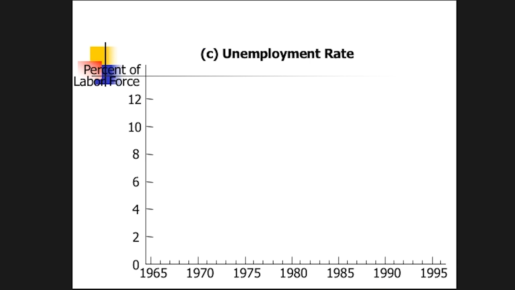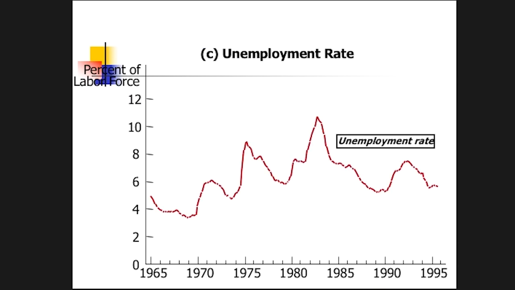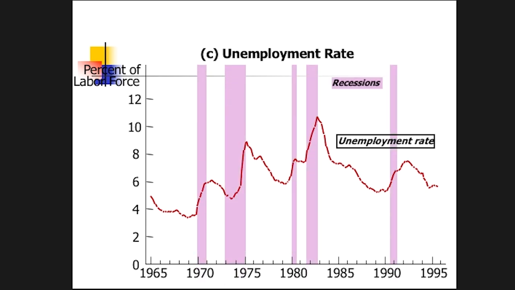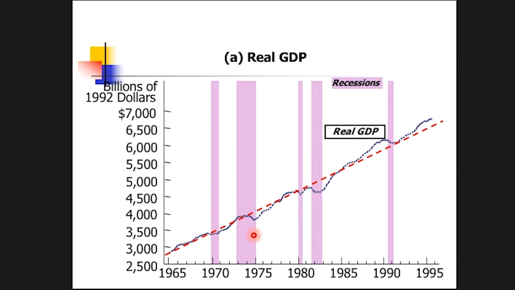If you look at this example, the unemployment rate in the US, in the recession years the unemployment rate increased sharply. At the same time, GDP reduced.